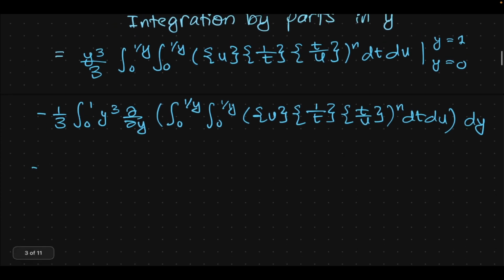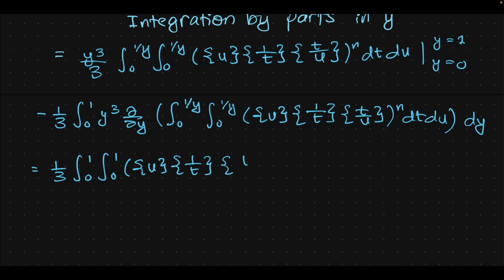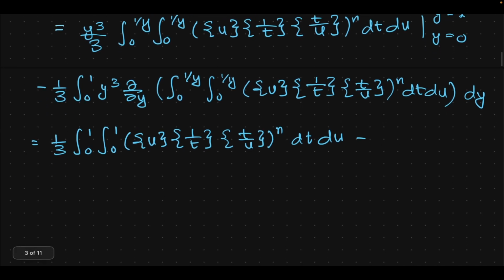Well, the first term at 1 just simplifies to 1/3, 0 to 1, 0 to 1, u, 1 over t, t over u to the n, dt du. Okay, that was easy. And then we have the limit. Now this limit is non-trivial. That's why I'm writing it with the limit definition like that.